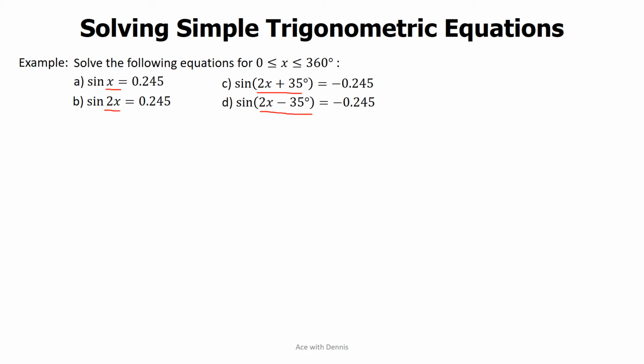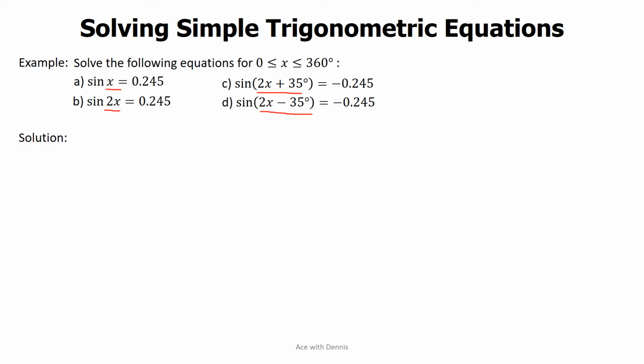All these four questions involve the same trig function, which is sine. Alright, so when you see different angles, the approach to find the answer will be slightly different. Let's see how we find the answer for these four questions.